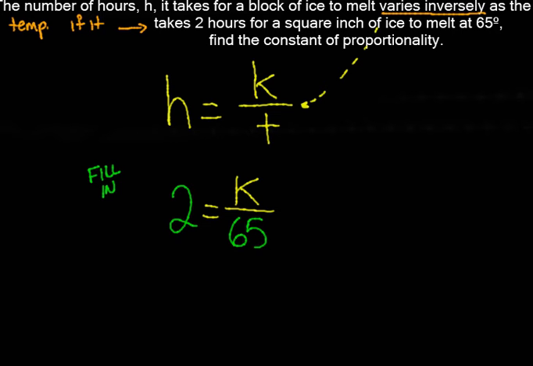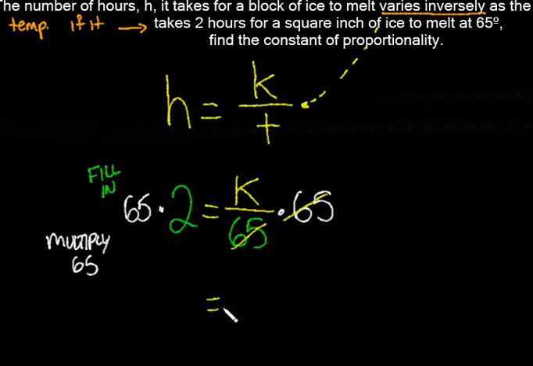Now to solve for K, we're going to get rid of that 65, so we multiply by 65 on both sides. 65 cancels the other 65. We're left with K. On the left-hand side, 65 times 2 makes 130. Yay, we figured out our constant of proportionality.